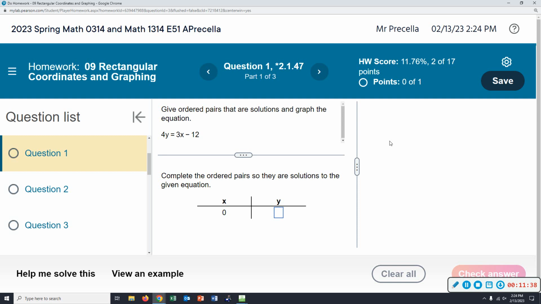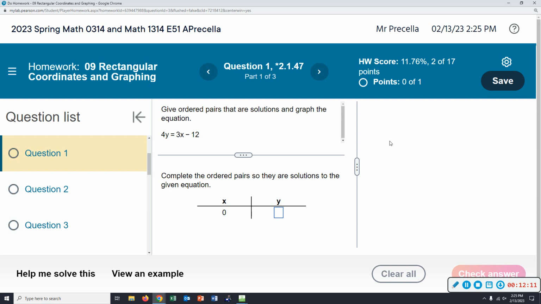Okay, this is problem number 1. It says, give ordered pairs that are solutions and graph the equation. When I look at that equation, problem 1, I see that there are no exponents. So I'm thinking, oh, that is a line. 4y equals 3x minus 12.